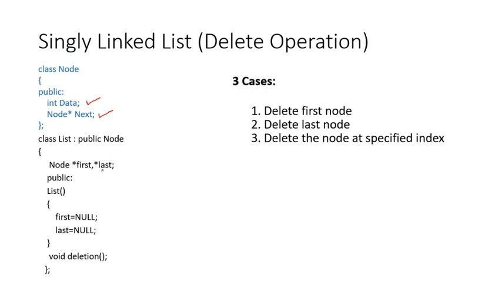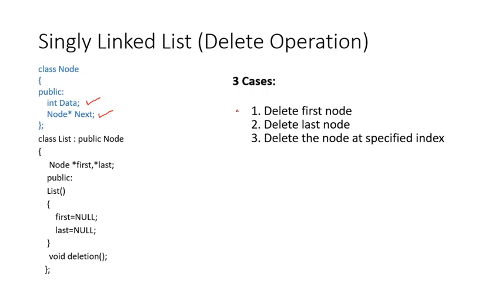Then in the public section we have declared the constructor, which performs the initialization of these two pointers to null. Then we have declared the method deletion, which does the task of deleting a node from the list. There are three cases while deleting a node from the list.